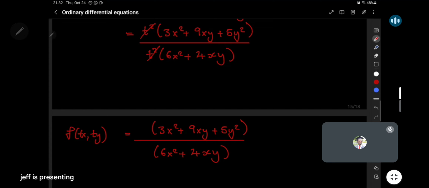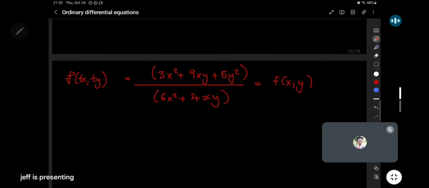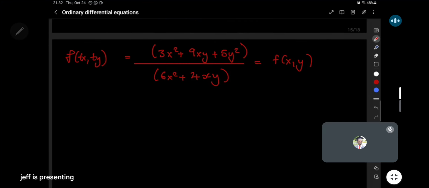And notice that this is what was our f of x comma y. Based on this, we conclude that our differential equation is homogeneous. And if it is homogeneous, let's move on to solving it.